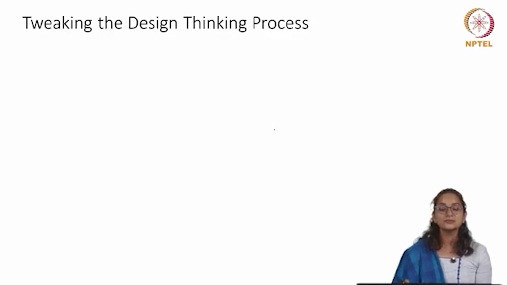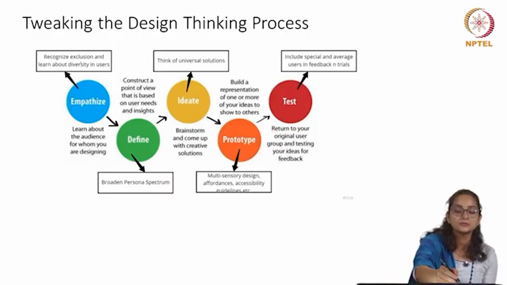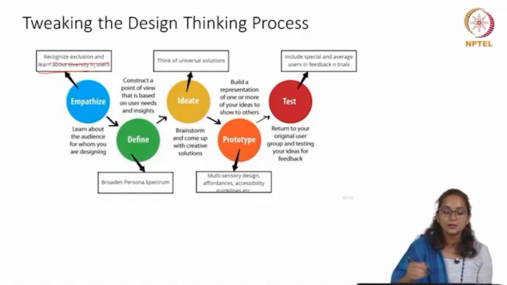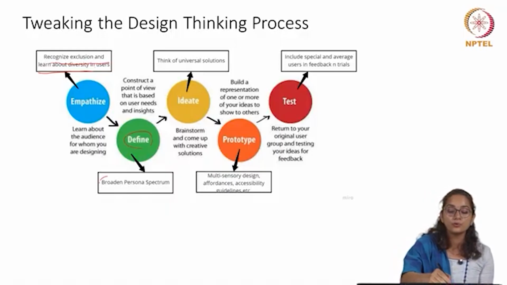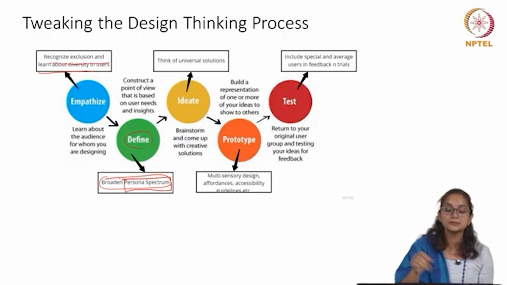So what we're trying to do is, we talked about the design thinking process, and how we can tweak the process to make it more inclusive, to come up with better ideas which are more accessible in nature. In each step, during empathize, if we try to recognize inclusion and learn about diversity with intent, it would be useful. In the define phase, we broaden the persona spectrum, a term we will talk about in forthcoming lectures, and we'll come back to this diagram.